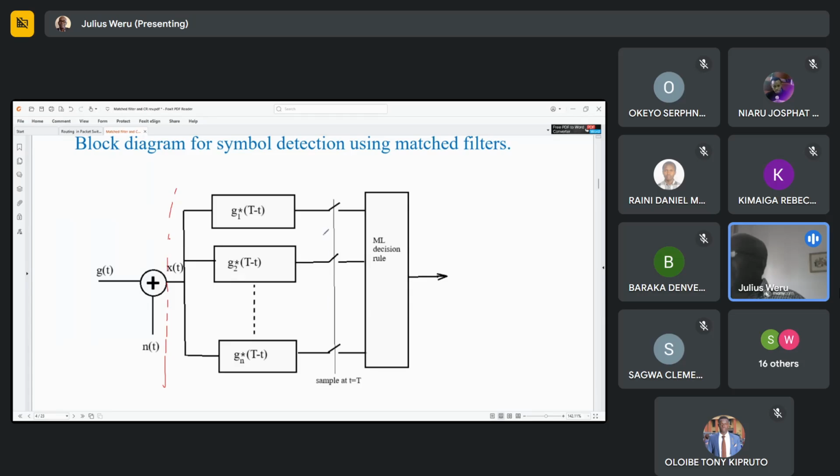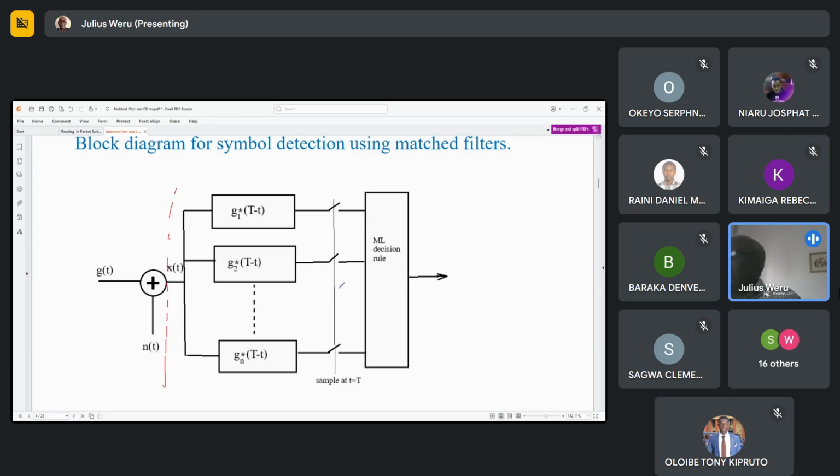Then, of course, we said you sample at t equal to T, and then after that you have a maximum likelihood decision rule. So there will be a decision rule there. Maybe the rule might be if the signal to noise ratio exceeds this, then that was a 0.